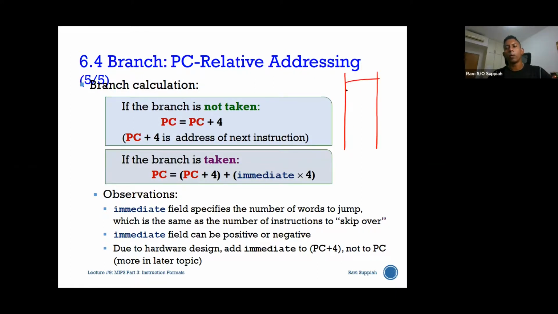If your program counter is currently pointing to this address location, the moment I fetch this instruction from memory, your program counter will automatically point to the next, because by design it will always point to the next instruction to execute. So if I already fetched the instruction at address 8, then the moment the instruction has been fetched, it will automatically point to 12, 8 plus 4.